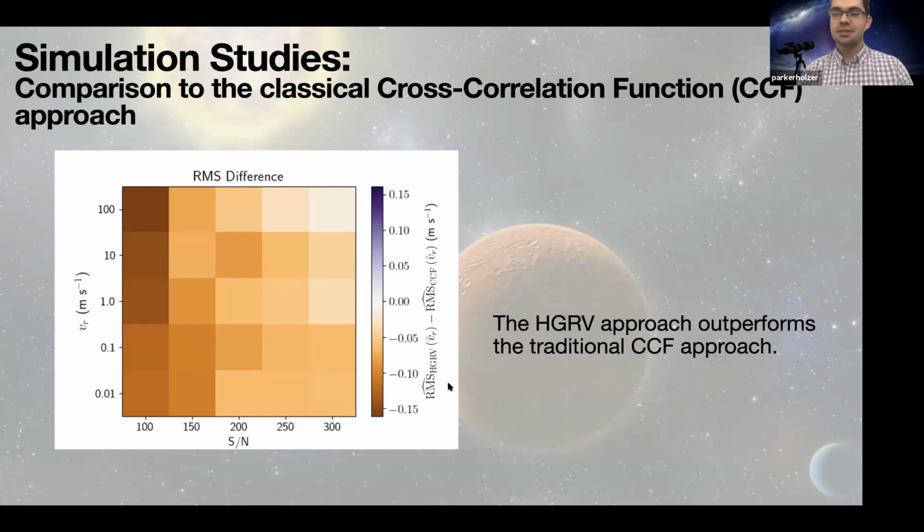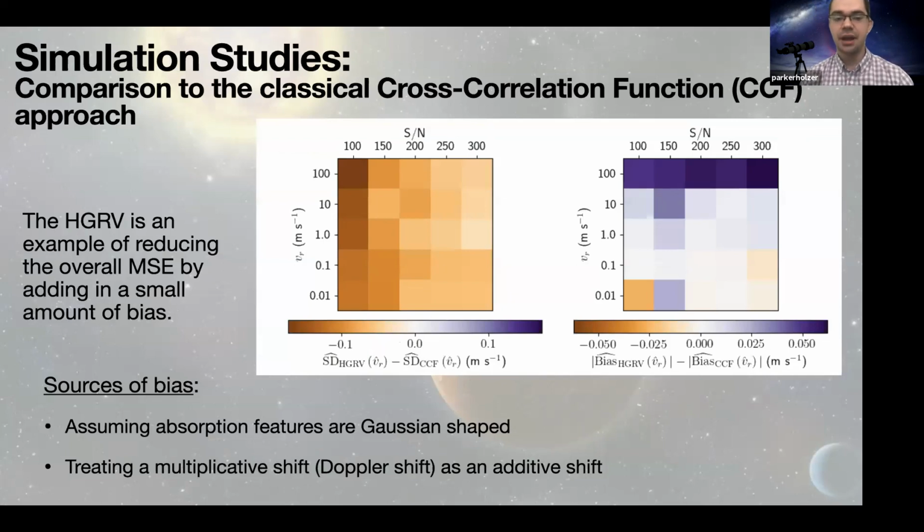What's probably more interesting is when we break up this mean squared error into its different parts of bias and variance. This plot right here essentially represents the difference in the standard deviation between the two methods. It's again very much negative, meaning that the HGRV has smaller standard deviation than the CCF method.